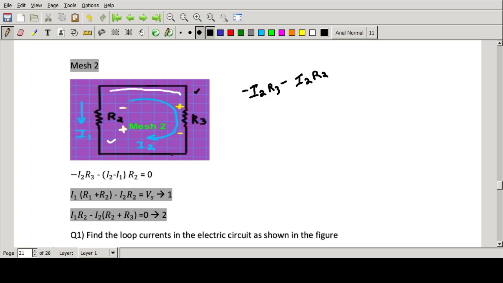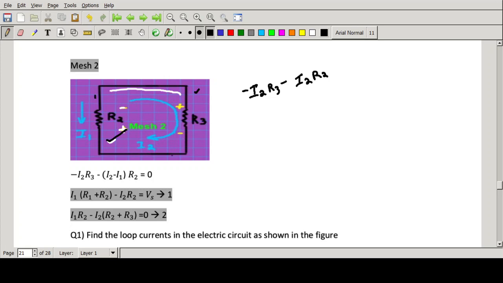The first voltage drop is minus I2 R3. Next one is minus I2 R2. Now let's consider the voltage drop in resistance R2 due to current I1. When you are standing at which point? This point. I have shown here this point. So you can see that the current I1 is flowing in this particular direction downwards, right?